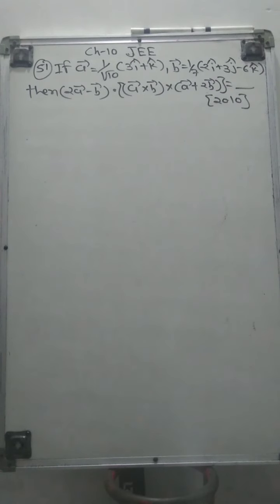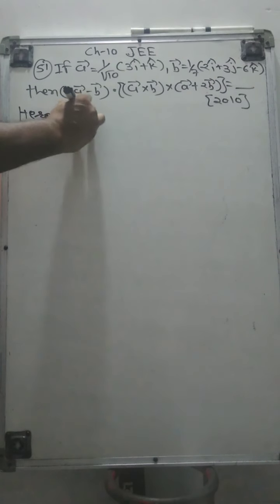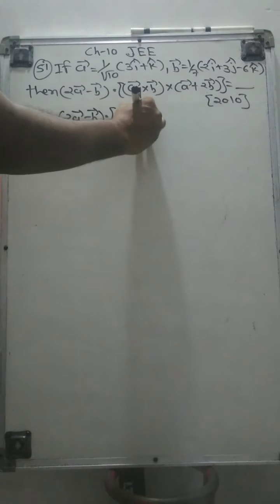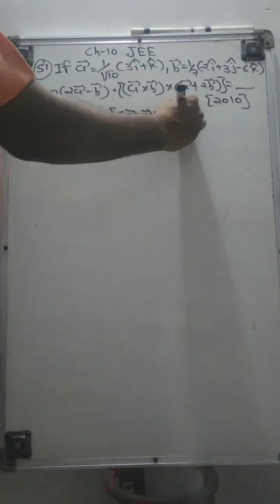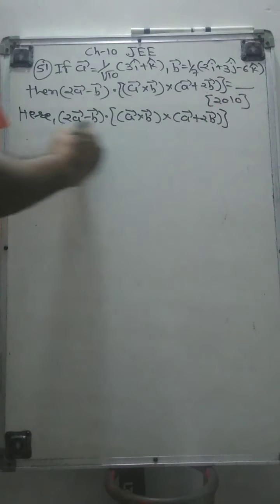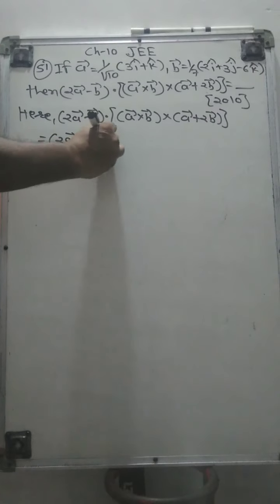This is a 2010 question. So here, first of all, (2a bar minus b bar) dot ((a cross b) cross (a plus 2b)) is equal to (2a bar minus b bar) dot.